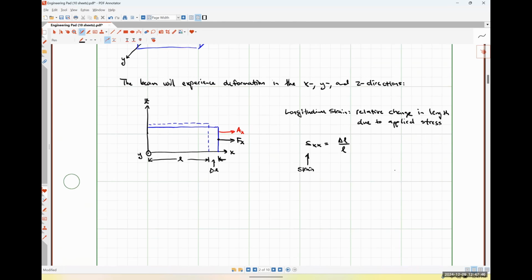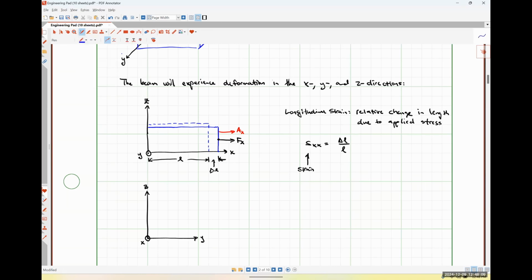If we look at what's going on in the other dimensions of our beam, so here's the z-axis, here's the y-axis, and our x-axis is directed out of the plane.